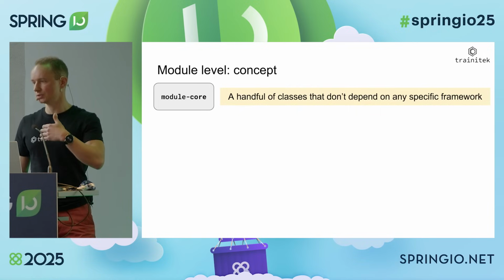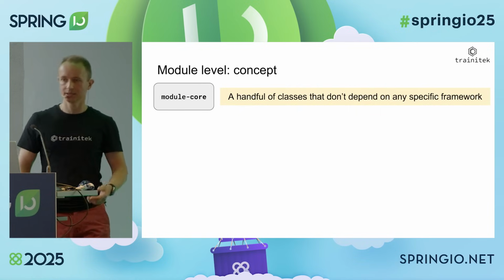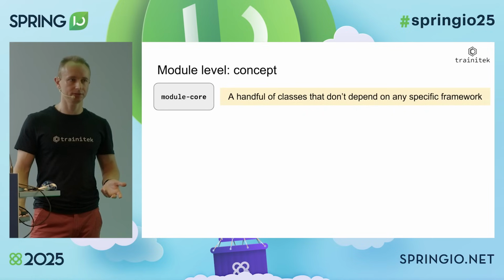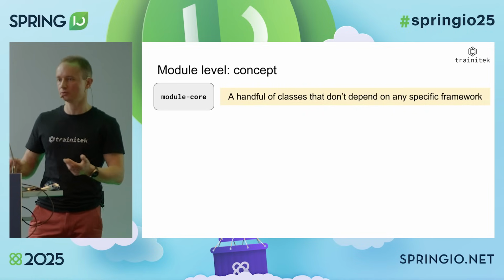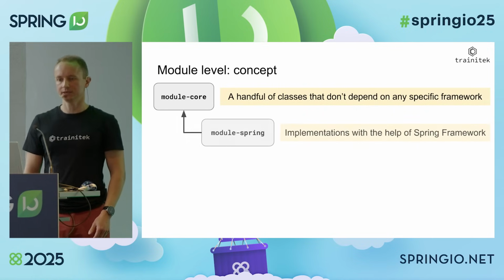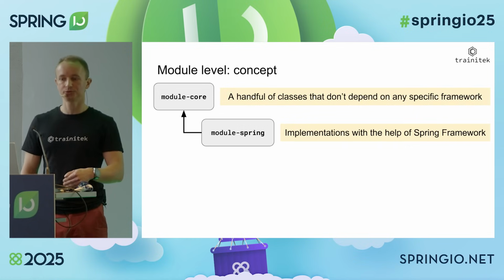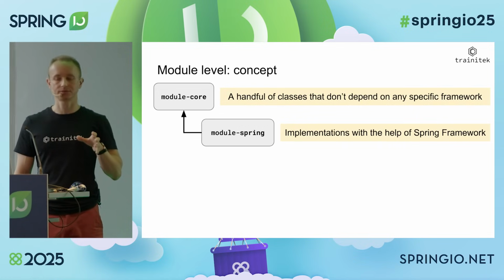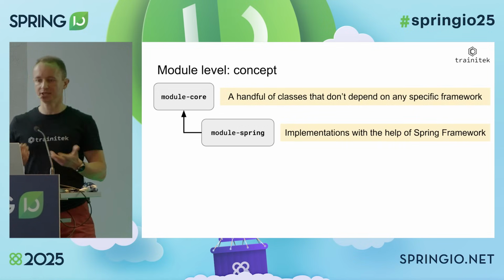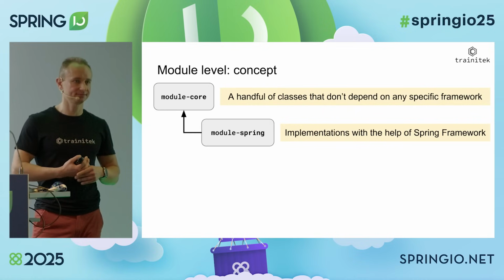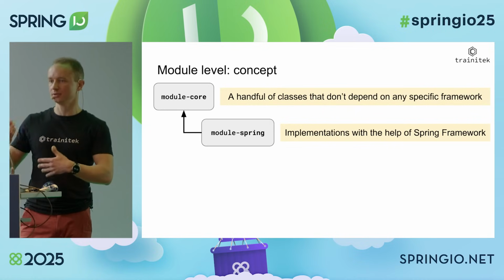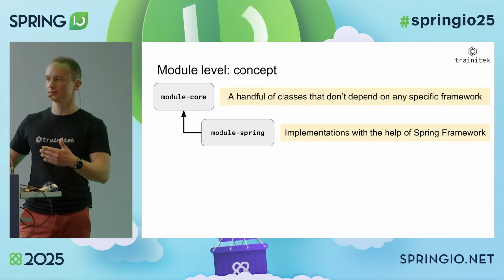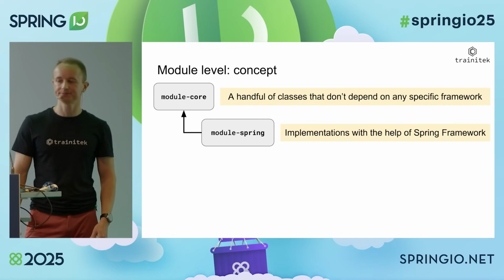Core is just a handful of classes, nothing else, where we don't depend on the Spring framework, and we have just our own abstractions. Then the next module has a suffix Spring, which is actually implementations with the help of the Spring framework, extending and implementing those abstractions, and being dependent on Spring.